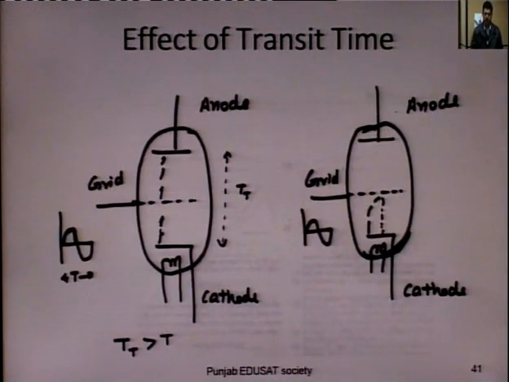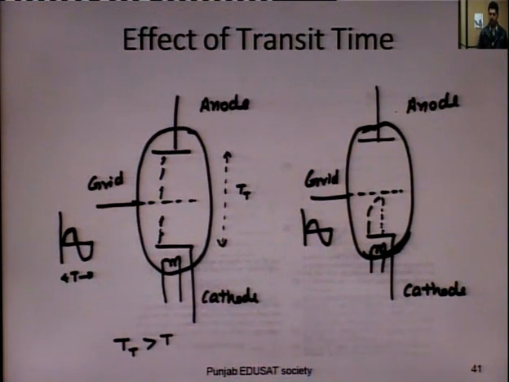See here, electrons are moving from cathode to anode, and we are giving a signal at the grid terminal for amplification purposes. When transit time is very small as compared to the time period, it will not affect. But when transit time is large as compared to the time period of the signal, as in the case of microwaves, what will happen?